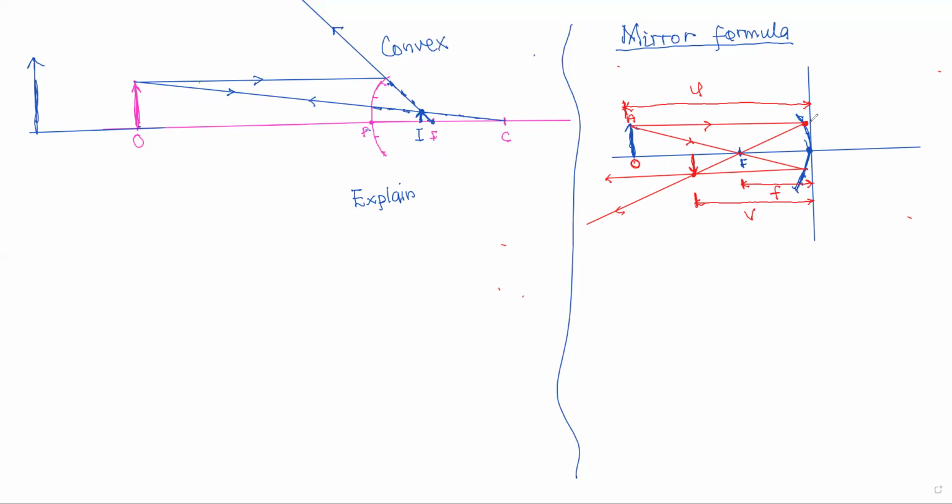There's a point B, C. Let's call this point D. We already have F. Then let's call the image point I. Then this point, let's call it J.